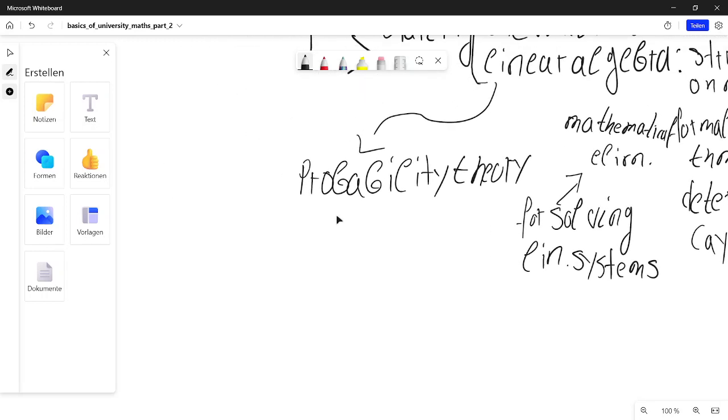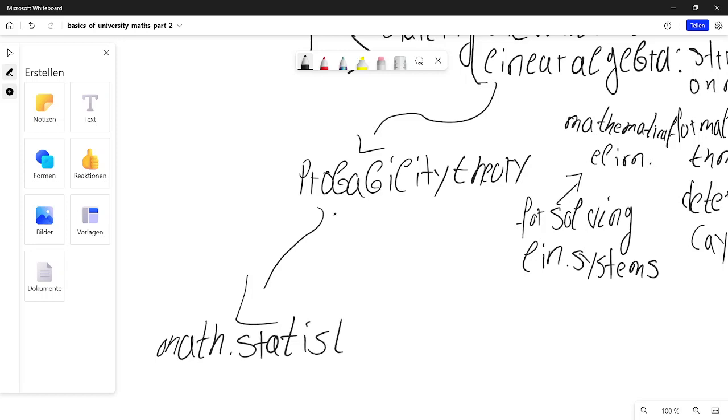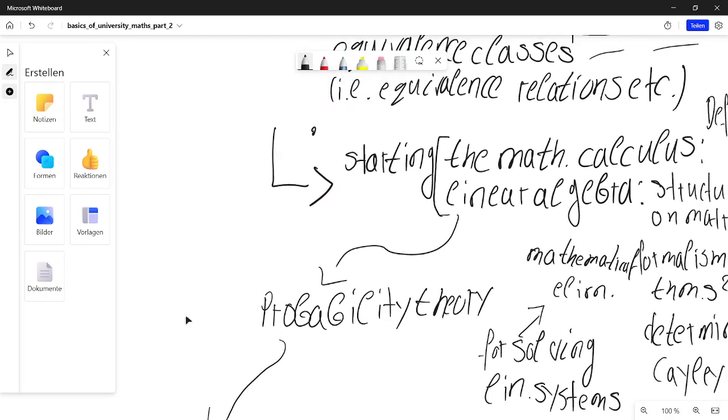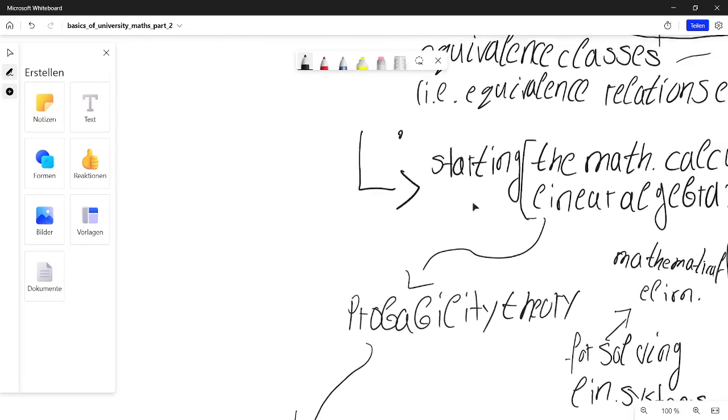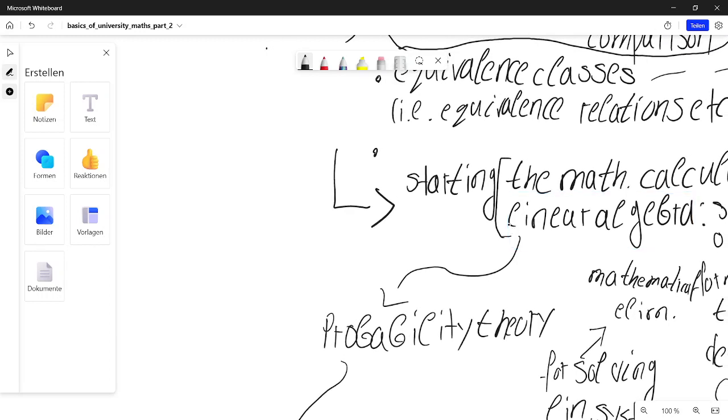And then here we can do something that I'm really somewhat familiar with by now. Mathematical statistical mechanics. Right. Also from here, of course.